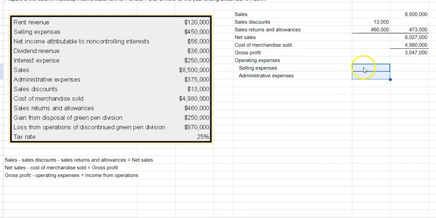But if we were given individual selling and admin numbers, we would have to go to a third left-hand column to list out our selling, total, list out our administrative, total, and then sum those up for total operating expenses. But this problem, we're being kind, so we have simply the total. If you want an example of what it looks like when they use 3 columns, see your textbook, they have an example of that. And 375.